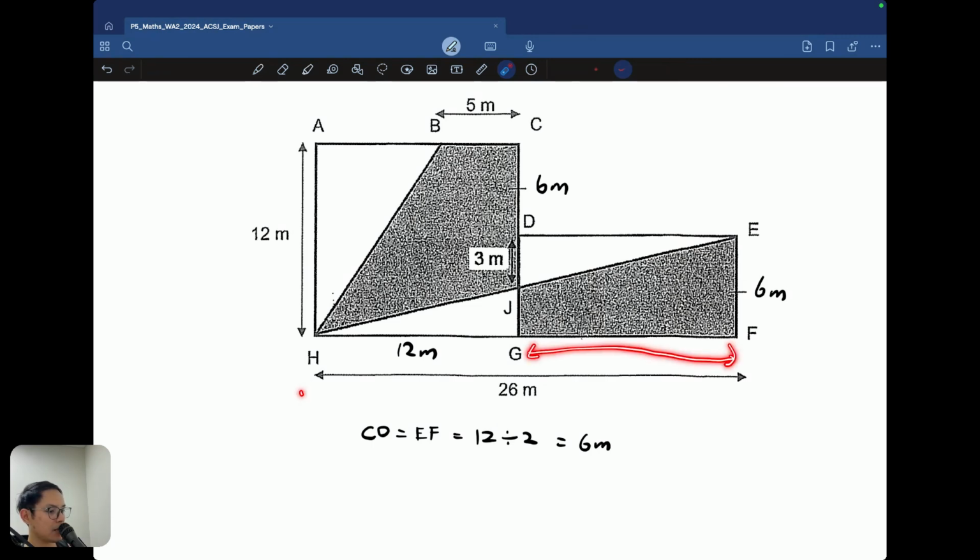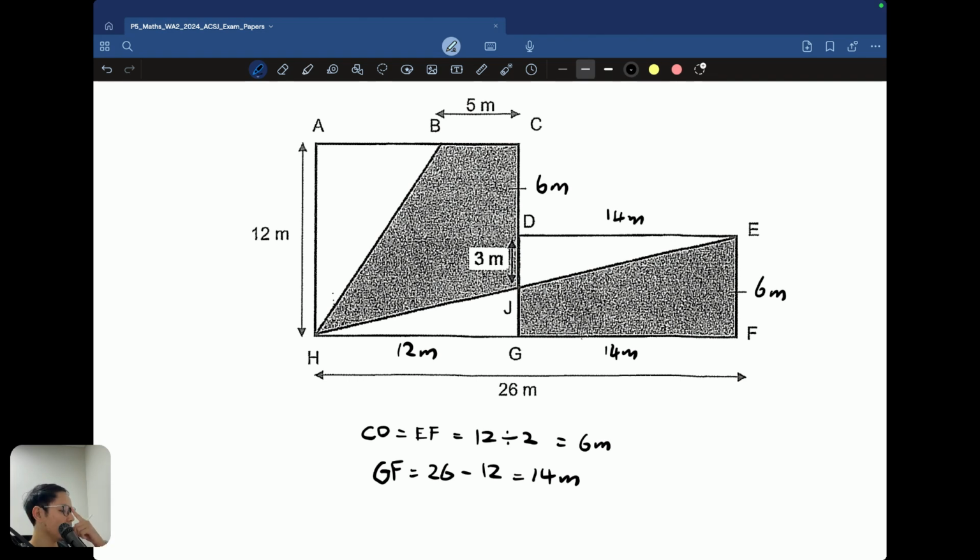Since we know the length of this whole figure, GF is equal to 26 minus 12 to get 14 meters. Because we have the whole length minus 12 meters, we get the remainder, which is 14 meters over here. Okay, so there is still more.